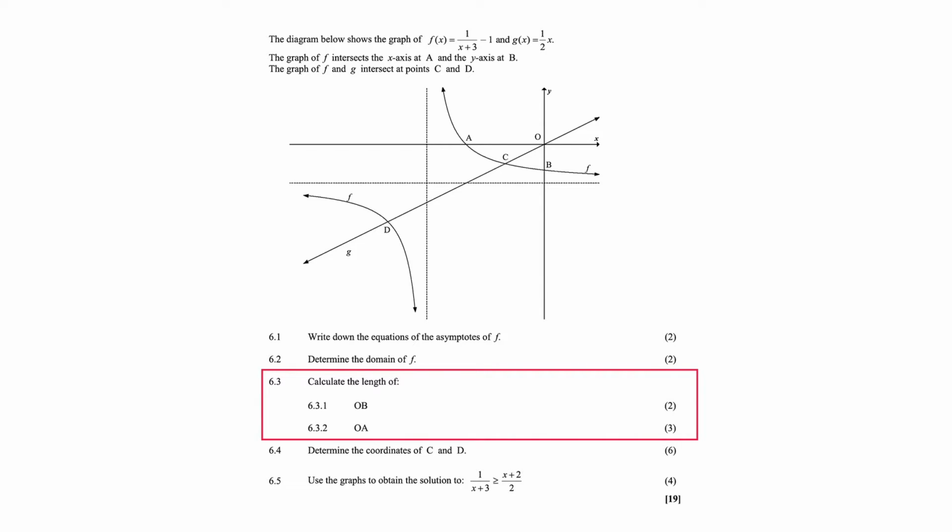The next question says calculate the length of OB, and then the next question says calculate the length of OA. Remember, when we're working with length in graph interpretation, we have three types of lengths that we can work with. We have a vertical length going up and down, a horizontal length going left and right, and a diagonal length going, well, diagonally. So, if we have a vertical length going up and down, we're going to do y top minus y bottom.